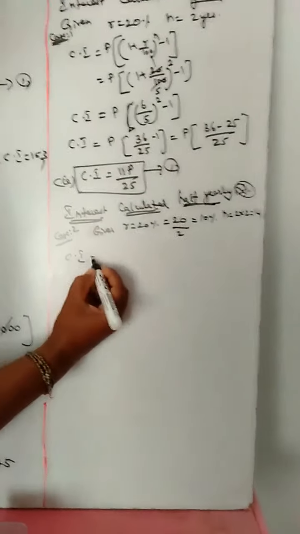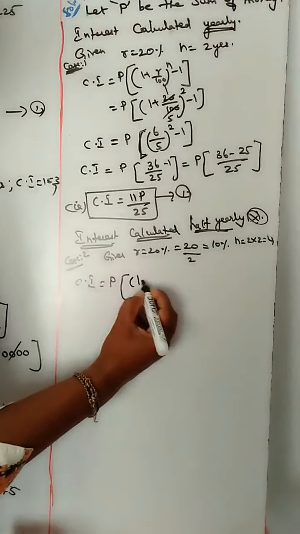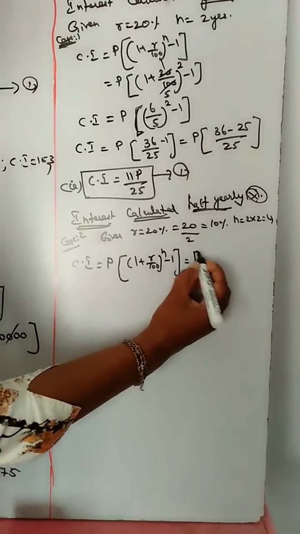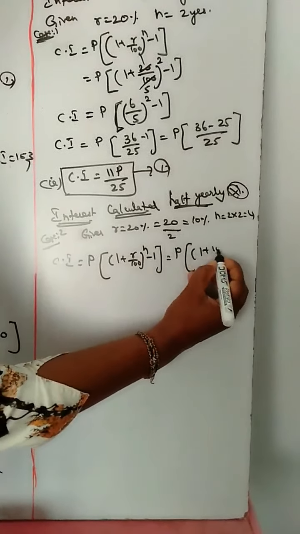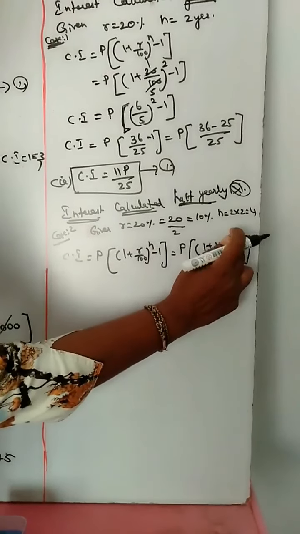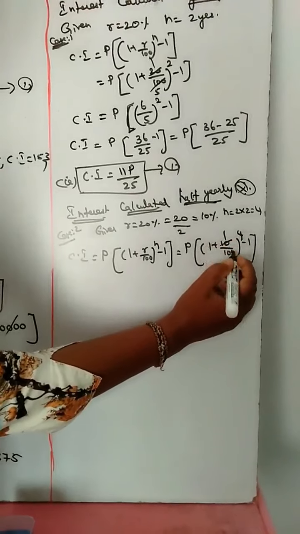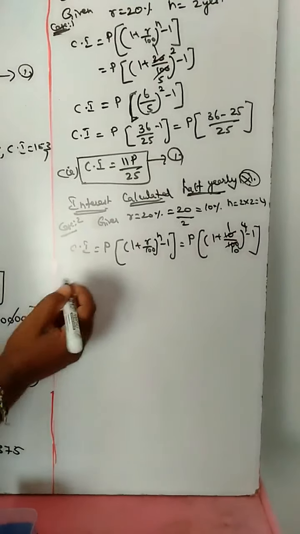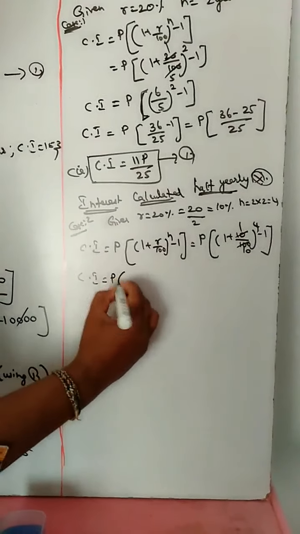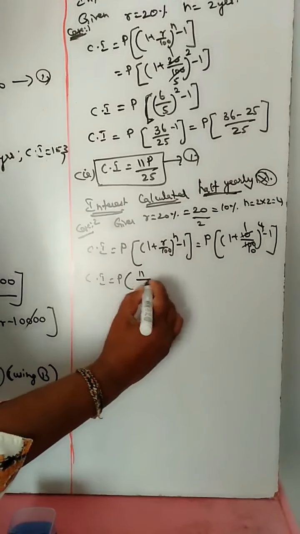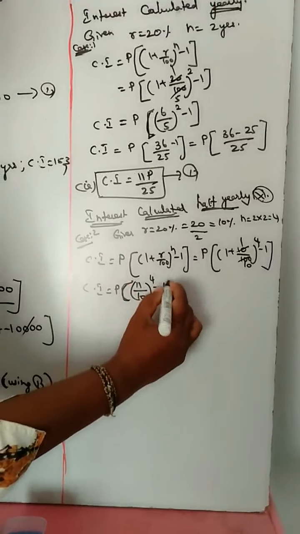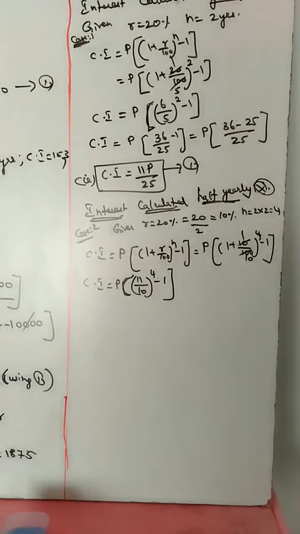So CA becomes P bracket 1 plus R by 100 the whole power n minus 1, which is equal to P bracket 1 plus 10 by 100 the whole power n minus 1. This n is 4. 10 plus 1, 11. That is CA is equal to P bracket 11 by 10 the whole power 4 minus 1. Right.